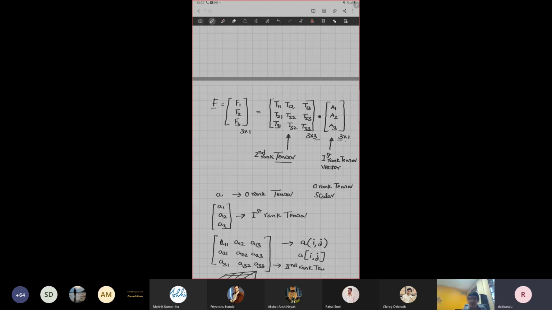Now I have something like a vector A1, A2, A3. How it is going to do that, we don't care, but it is going to apply on another vector. Dot means condense. A1 condensing on B1, A2 condensing on B2, A3 condensing on B3. So the definition I have to do is A_i, B_i, for i equal to 1, 2, 3.